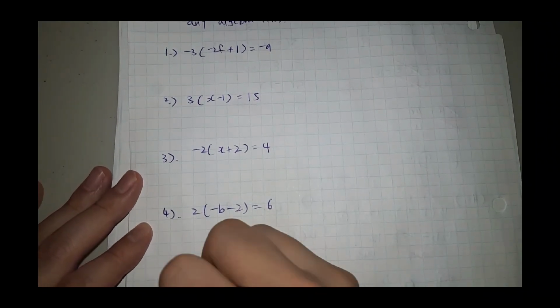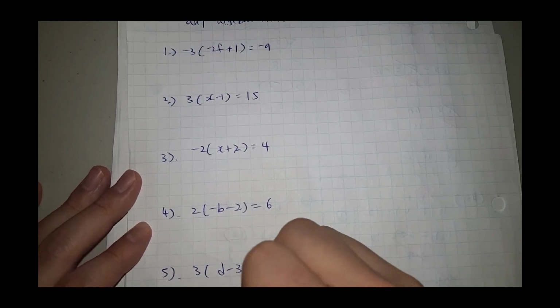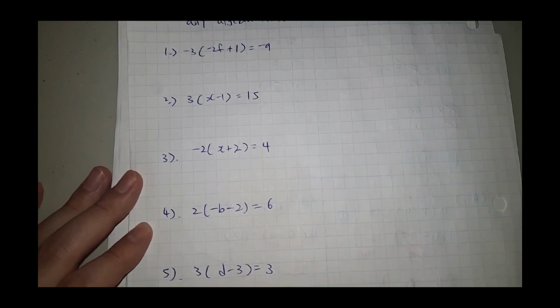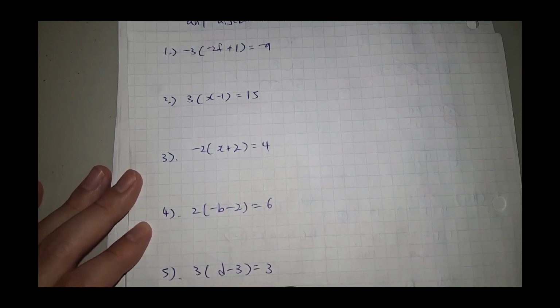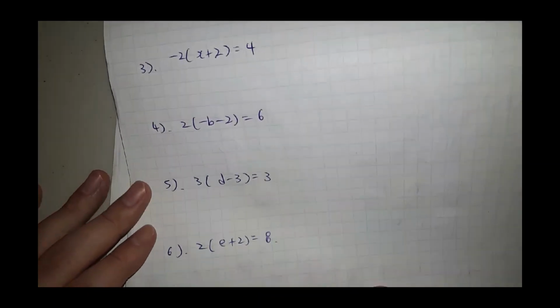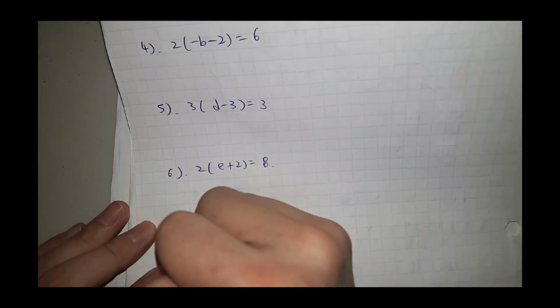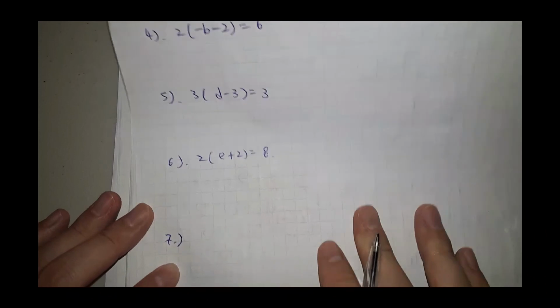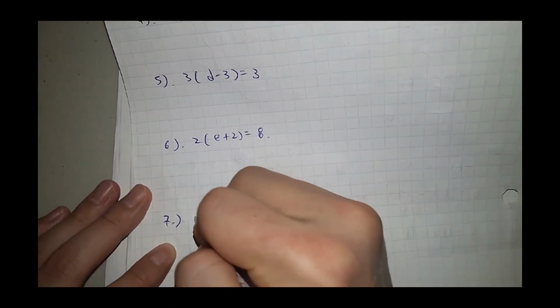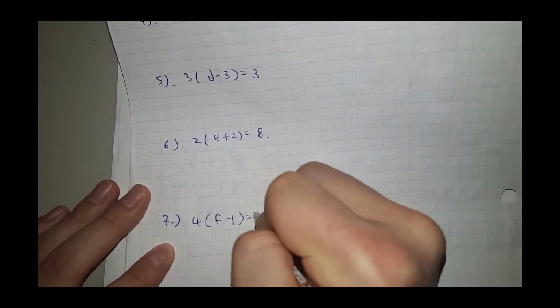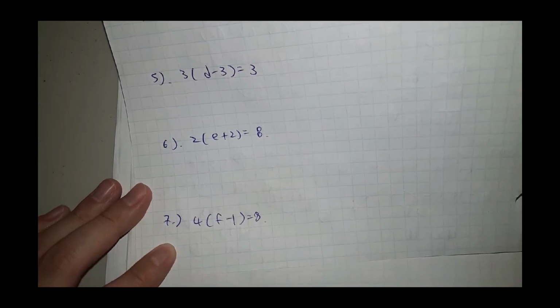Number 5, 3 times d minus 3 is equal to 3. Number 6, 2e plus 2 is equal to 8. Yeah, why not? Number 7, lucky 7. Question number 7. Can you see? There you go. That is today's lesson.